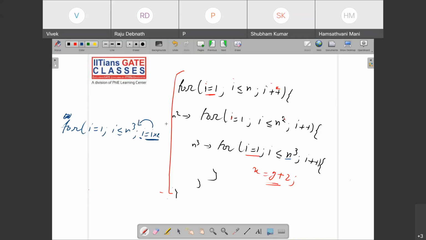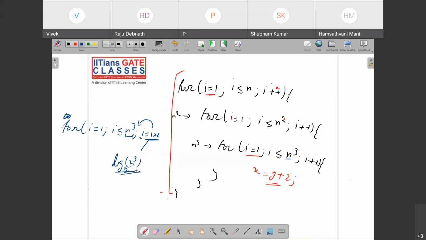Each time I'm multiplying the value of i: 2, 4, 8, 16, 32. I'm skipping so many numbers. That is where we apply log base 2 here. Then it will reach n cube. This is our goal. N cube is our goal. Don't miss it.